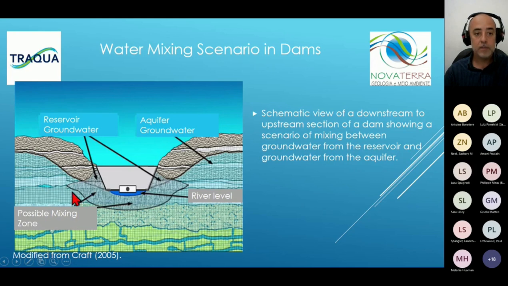And this is a zone of mixing of these different waters from the reservoir and from the aquifer, and the tracer can be used to increase the understanding of this mixing zone.